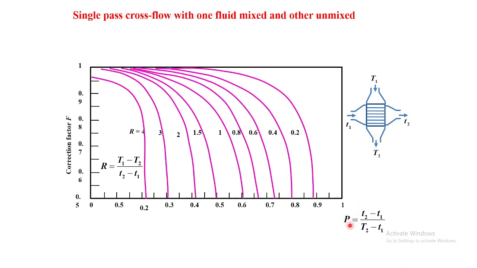So for given values of P and capital R, we can find the value of F. In this way, by referring to these charts for a particular type of cross flow or multi-pass heat exchanger, we can find the value of F, and if this correction factor F is multiplied with the LMTD for a counterflow heat exchanger, it will give us the value of LMTD for the cross flow or multi-pass heat exchanger.